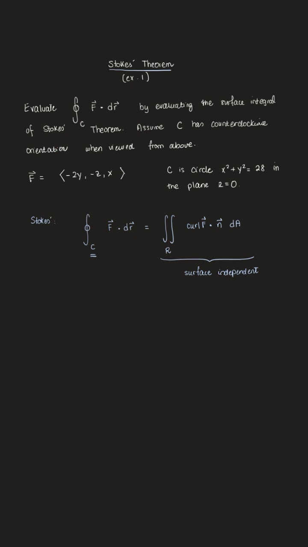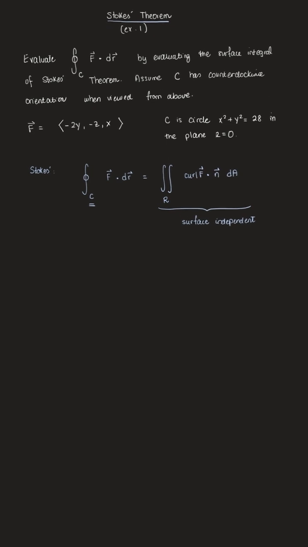So that means that I can choose whatever surface I want to evaluate the right-hand side of Stokes' theorem. And so I'm going to choose the disk on the xy plane that has a radius of the square root of 28. That seems to be a really simple surface that has the circle x squared plus y squared equals 28 as its boundary.